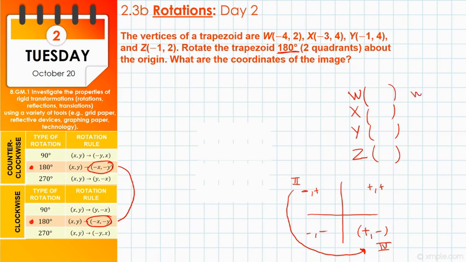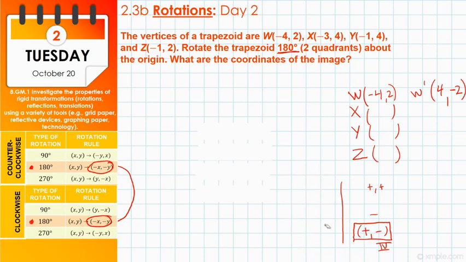So W prime, for example, if I start with -4, 2, the 4 and 2 stay the same. In quadrant 4, all of the coordinate points are positive, negative. So here, my 2 should be negative.